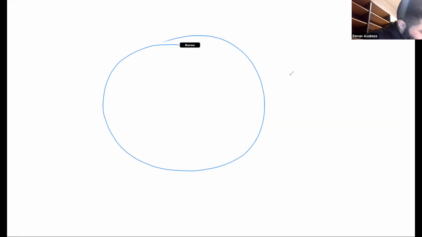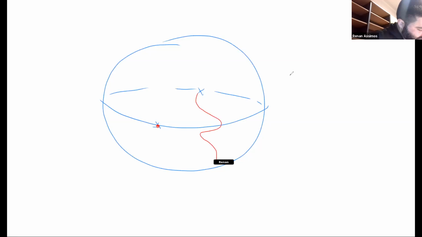What I'm now saying is that I am taking a ball, and I'm still taking two antipodal points in this ball, but instead of connecting them with a geodesic, I am connecting them with perhaps a wiggling line and looking at the complement of this.